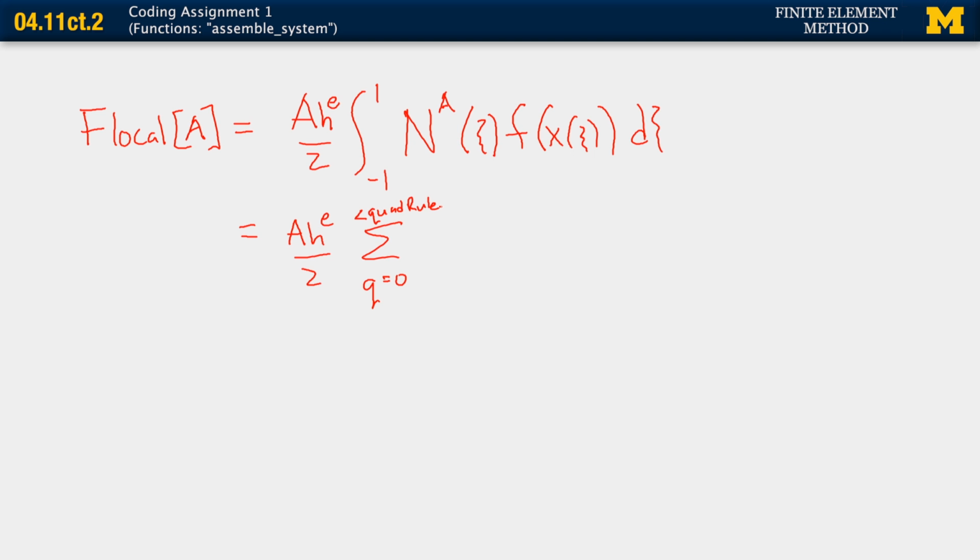Okay, and now we're going to evaluate the integrand at each quadrature point. And remember, you get the quadrature point from that quad points vector. I'm going to distinguish it here just by saying it's xi q. So xi q is the quadrature point.